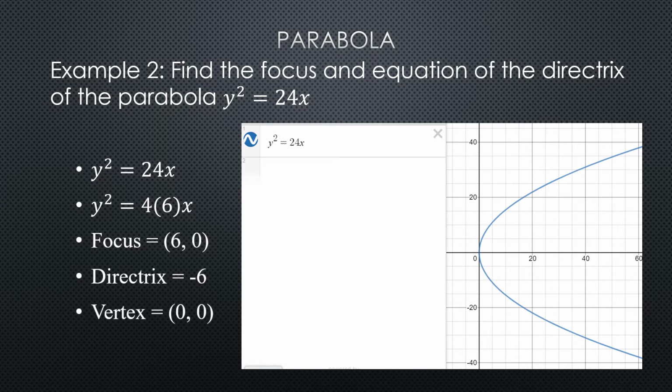So the 6 equals the p. We know that the focus now is at (6, 0), and that means that the directrix is at x equals -6 and the vertex is at (0, 0).